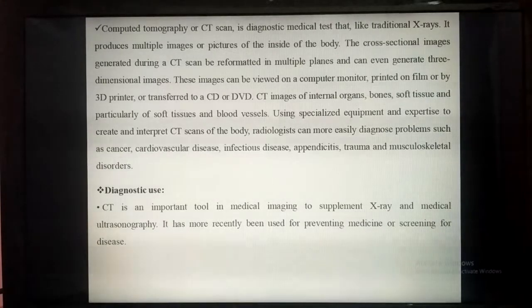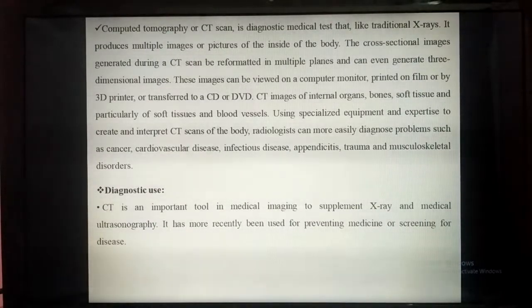These images can be viewed on a computer monitor, printed on film or by a 3D printer, or transferred to a CD or DVD. CT images of internal organs, bones, soft tissues, and blood vessels.